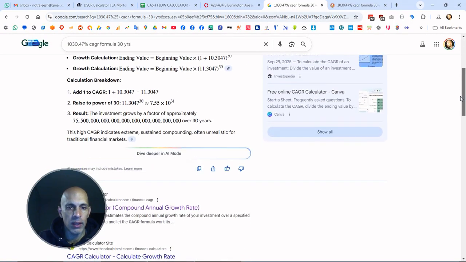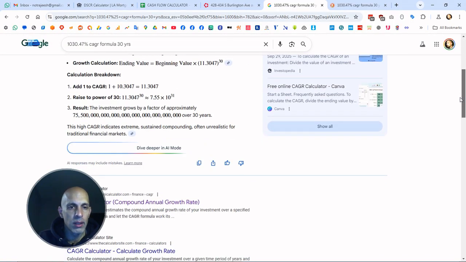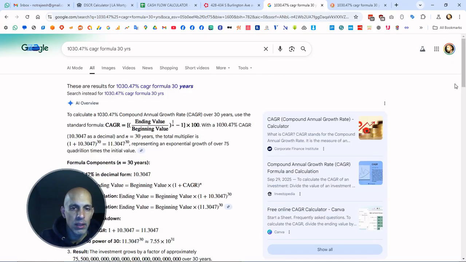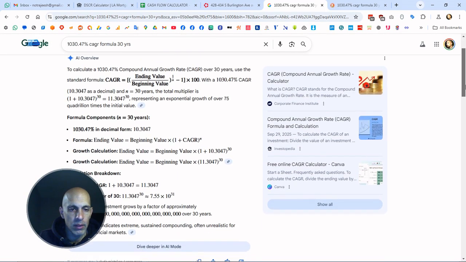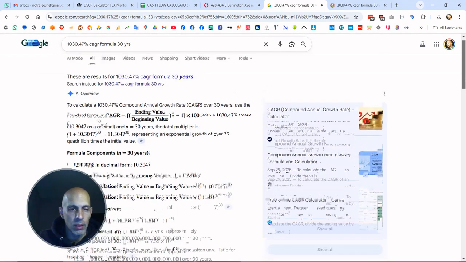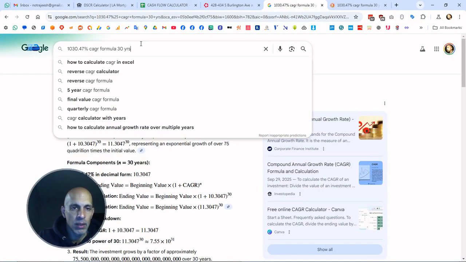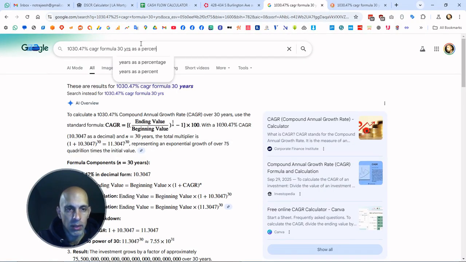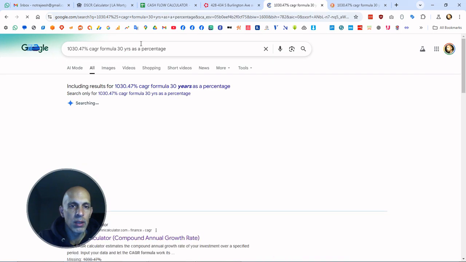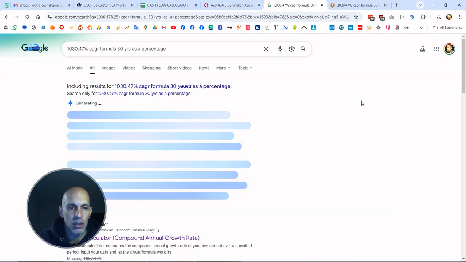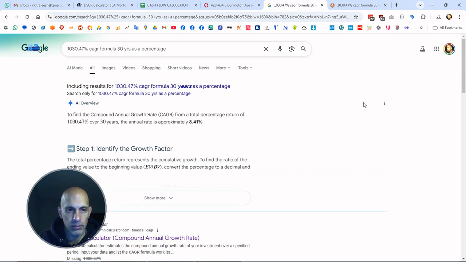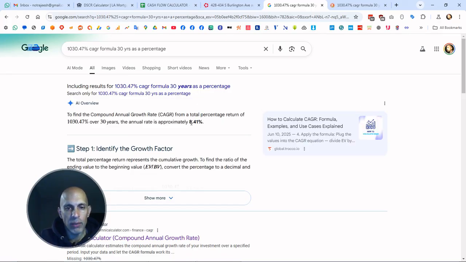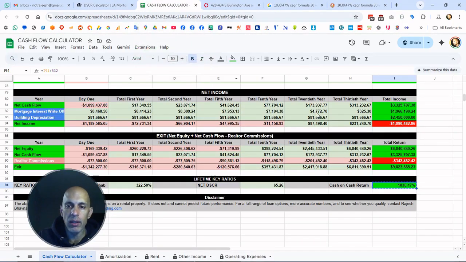What does this say? As a percentage, .41% compounded. That's not bad, but it's not great either.